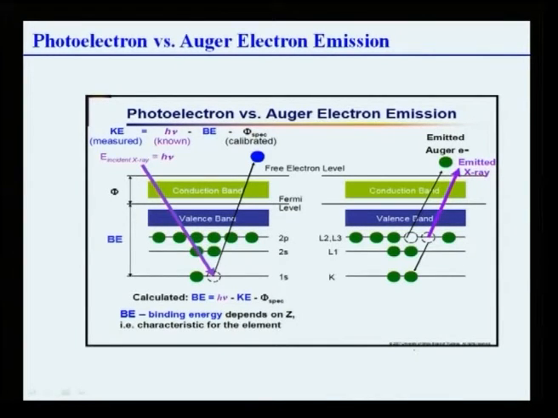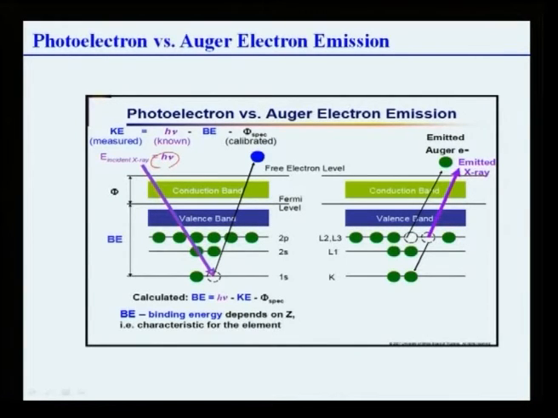Well, to give you a better perspective, what is the difference between photoelectron and AES spectroscopy will be clear from here. As you see here, 1s, 2s, 2p, this is the energy level of an atom, the different electron energy levels, then you have a Fermi level, the bands, the vacuum and the free electrons. So you have an incident X-ray with energy h nu falling on it, it removes a core level electron, and this core level electron goes out. So the kinetic energy of the electron will be h nu minus the binding energy of this electron minus phi.